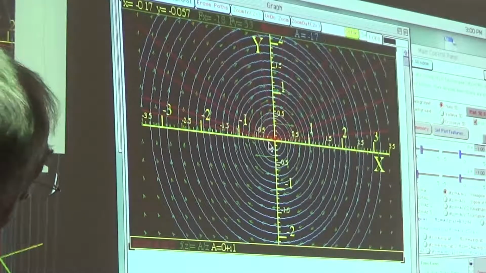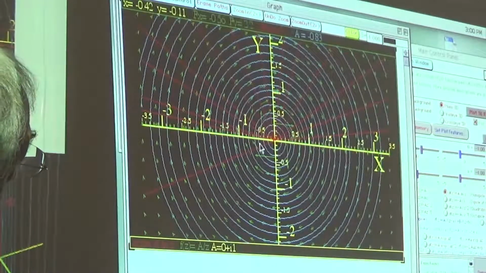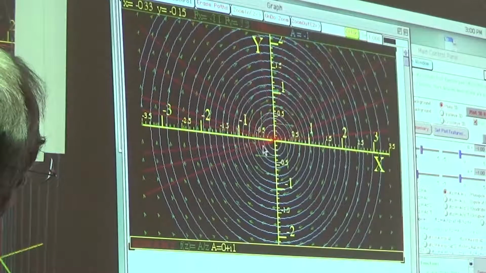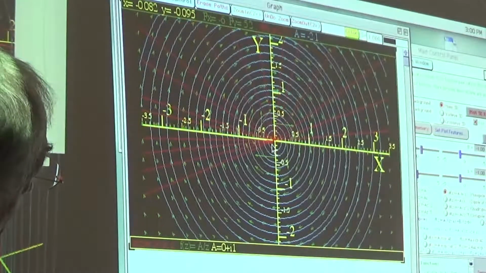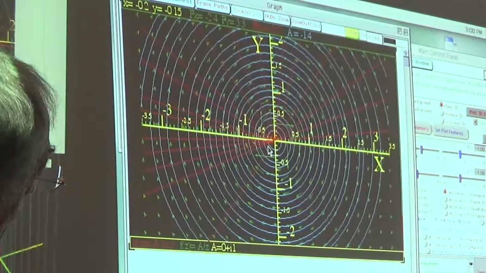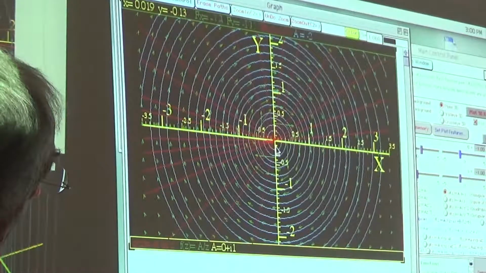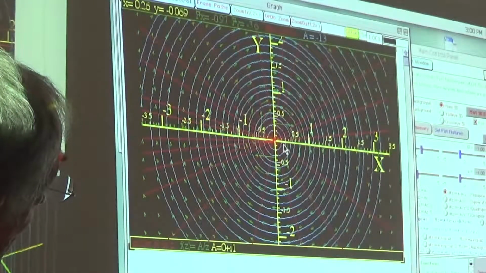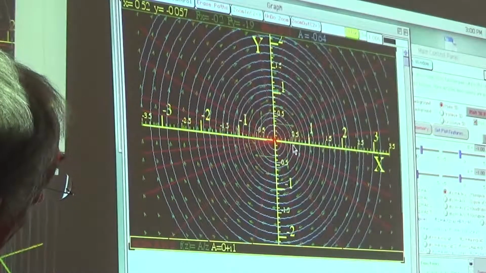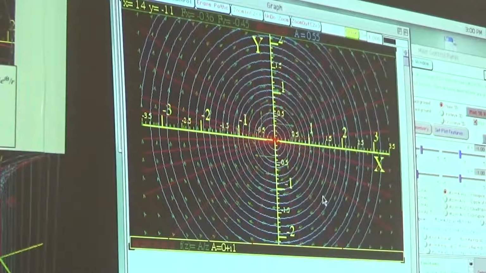This monopole is key to so much of the mathematical physics of field theory and complex variables in general. So this is just the same thing we've been looking at with the colors reversed. Okay?